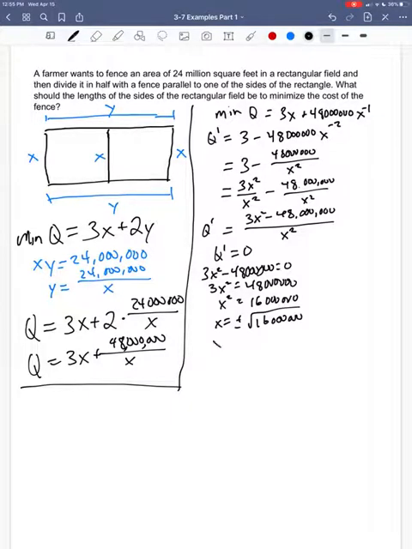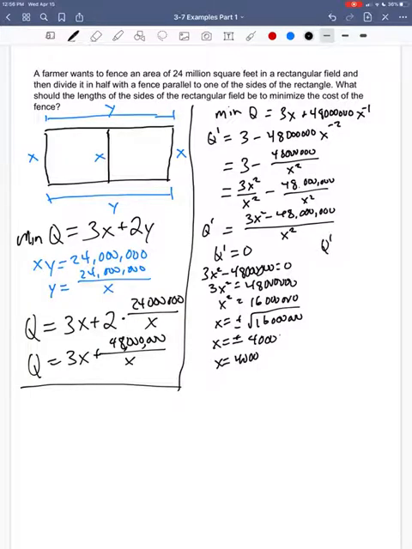And so I get plus or minus 4,000. Of course, since x here is a length of a side, the negative doesn't really apply. I can't have negative length of a fence. So my only candidate really for a solution here would be positive 4,000.